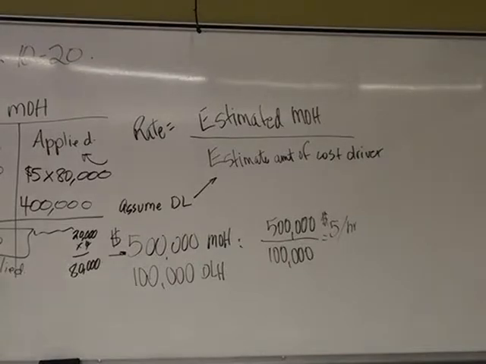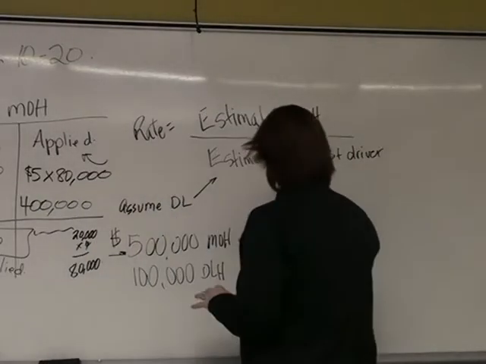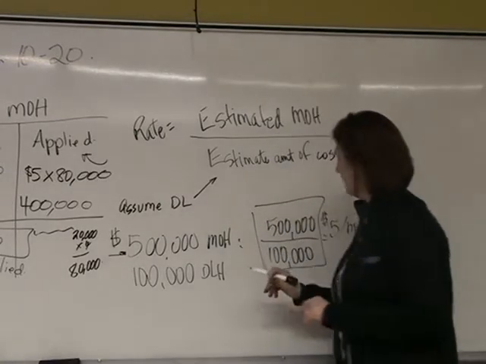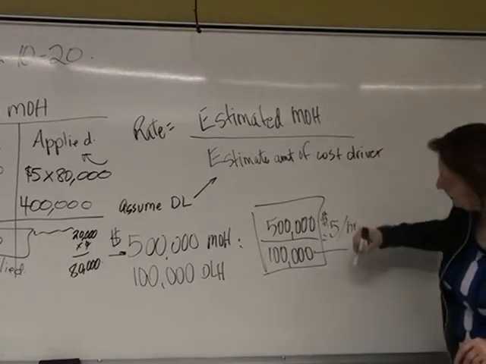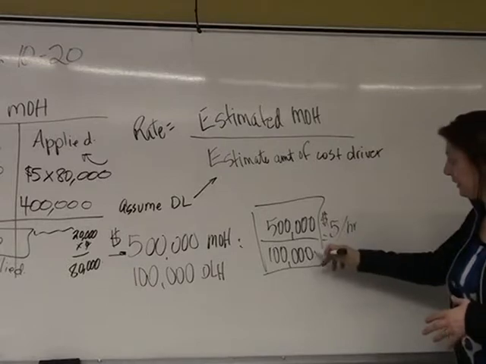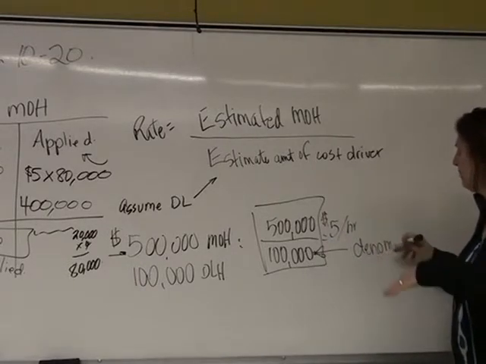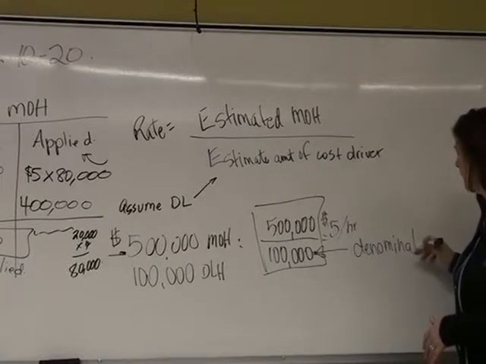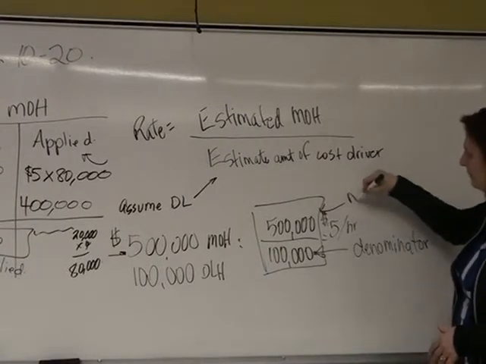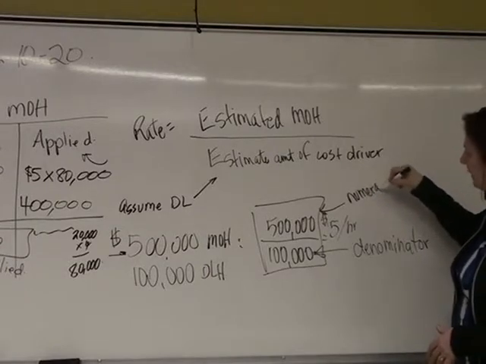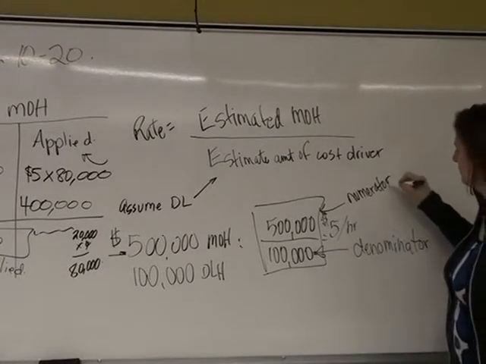So when you look at how this works, this is just basic math. This is called the denominator. Anything on the bottom part of a fraction is called the denominator, and the top is called the numerator. Forgive me if I sound simplistic.